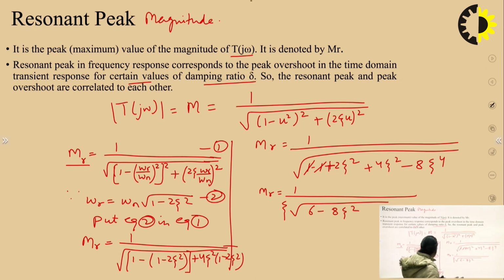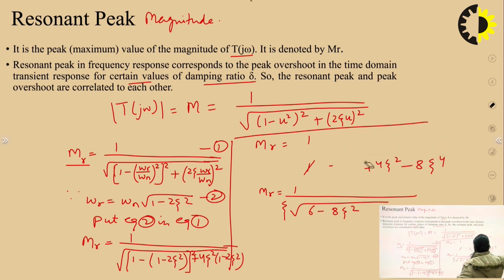There is something wrong. Let me find out. It becomes 1 minus 2 zeta square whole square, and outside there is also a square, sorry, this is a mistake. One minute, the mistake is caught, let me correct it.